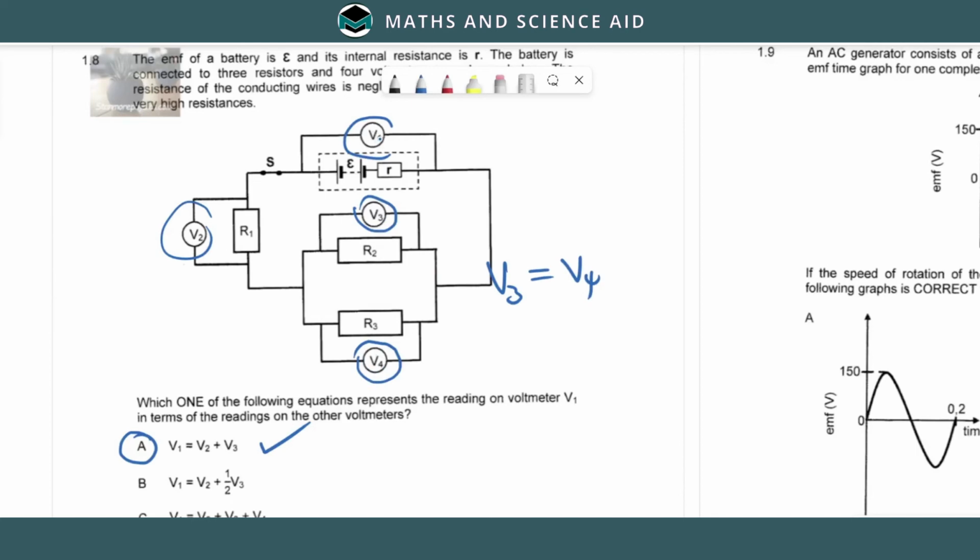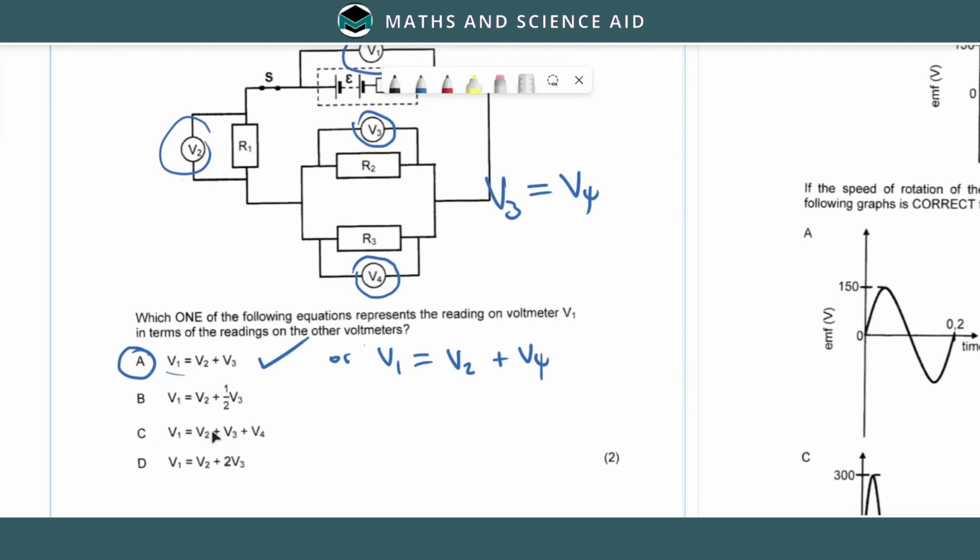So V1, which measures the total voltage of the external circuit, must be equal to V2 plus V3, or V1 must be equal to V2 plus V4. And so that's why this is the correct answer. The rest of the options here do not even make sense. And I think the common mistake that people can make here is taking C as the correct answer, but that is not correct.